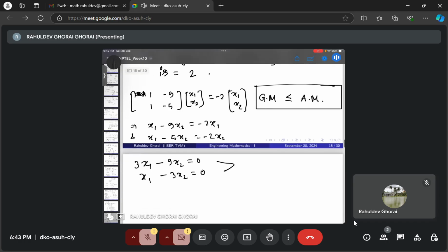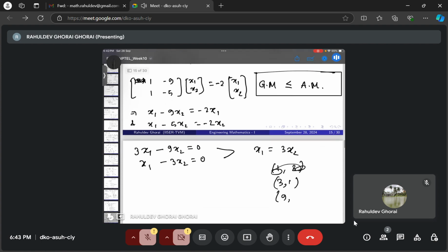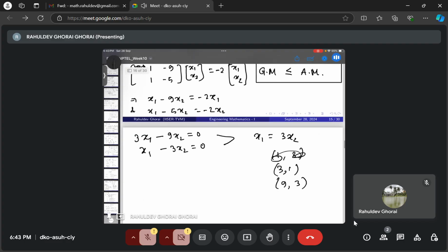From both you get x1 is equal to 3x2, and any solution like 9 3, 3 1, all these will be solutions. So you take one of them as the eigenvector. You can take the eigenvector as 3 1.